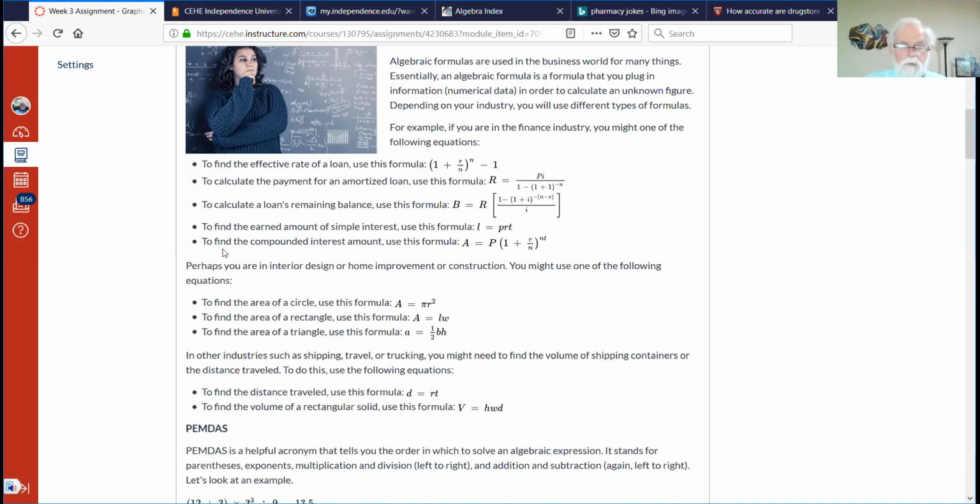And then there's compound interest. You'll note that in the compound interest formula, there is a multiplied factor, NT. That's the number of payments and the time. So compound interest includes interest on the interest.